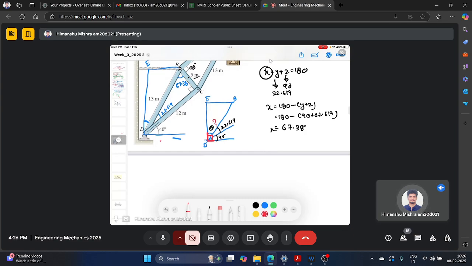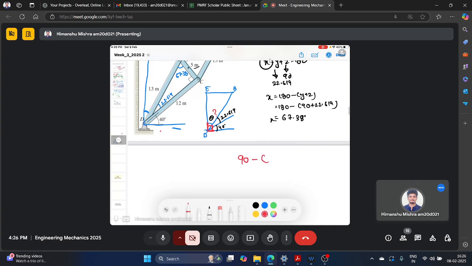It is clear that it's 90 minus the sum of this angle, so it is 90 minus (40 plus 22.619), and if you solve this, it will give you 27.38. So this is 27.38.